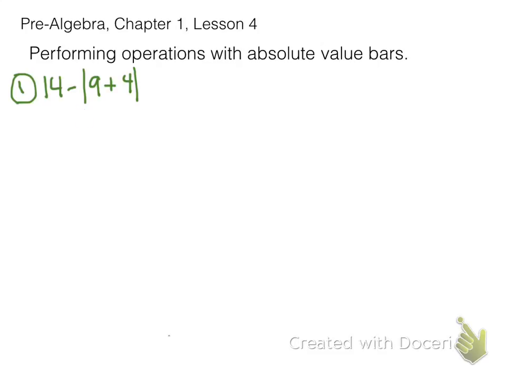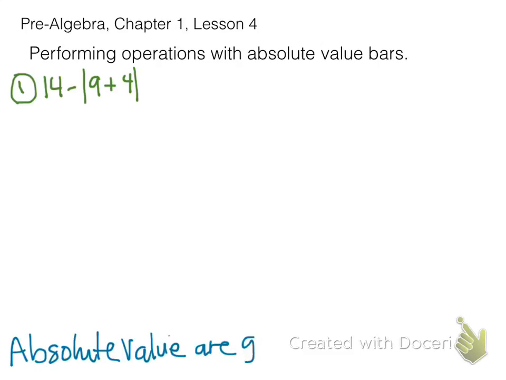So the first thing we're going to do is simplify inside of the absolute value because absolute value bars are grouping symbols. And grouping symbols, again, are like parentheses and brackets. The only thing is they're like super brackets.